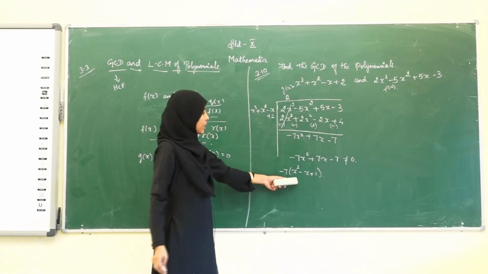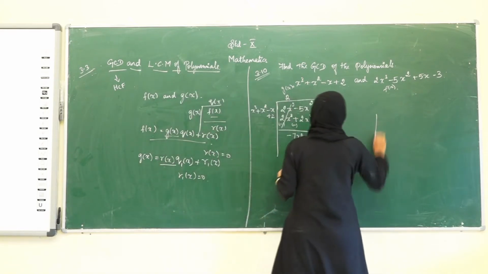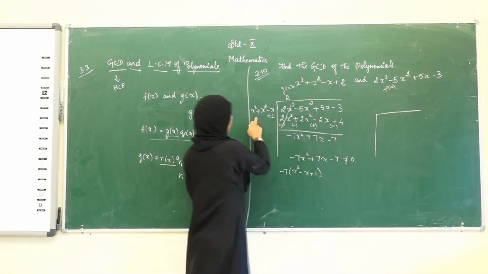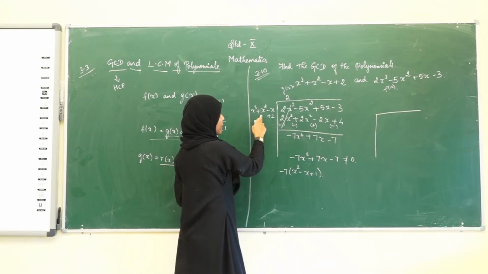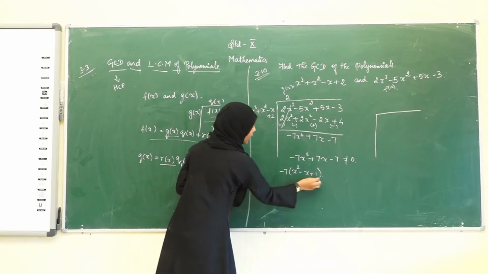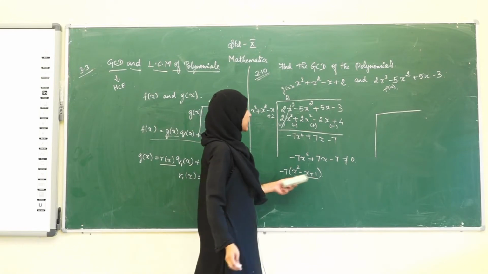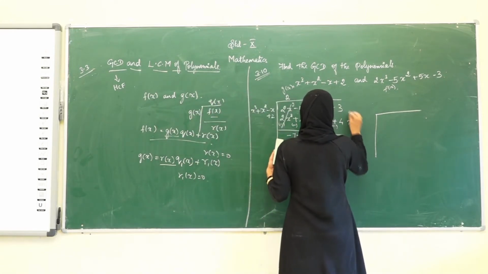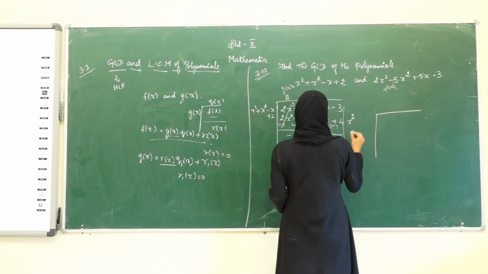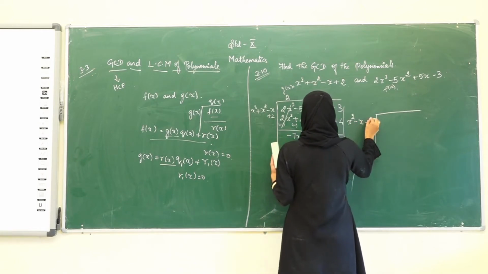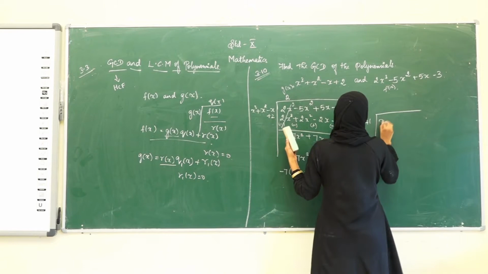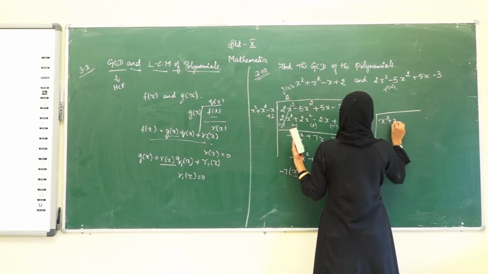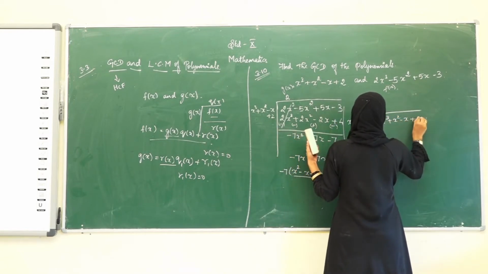We get this alone. So now we are going to divide this polynomial x cube plus x square minus x plus 2 by this alone, x square minus x plus 1, because we are taking the coefficient minus 7 outside.